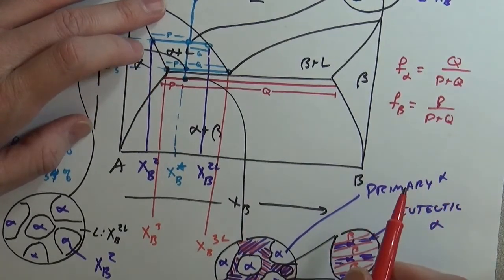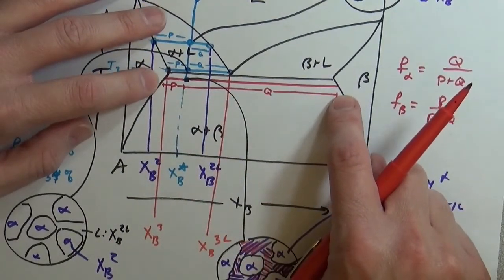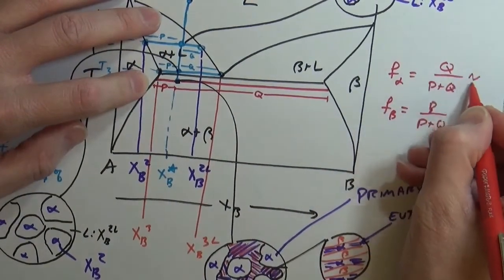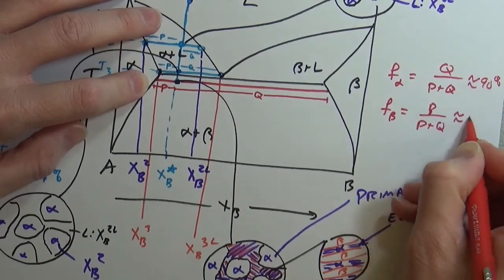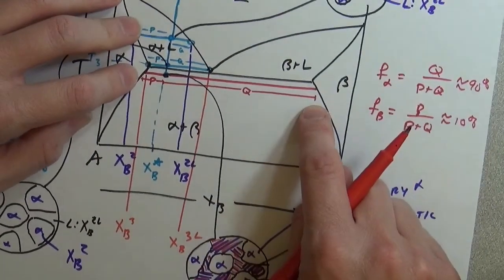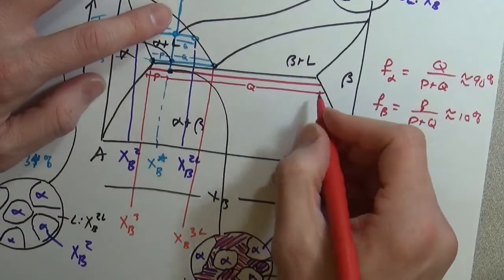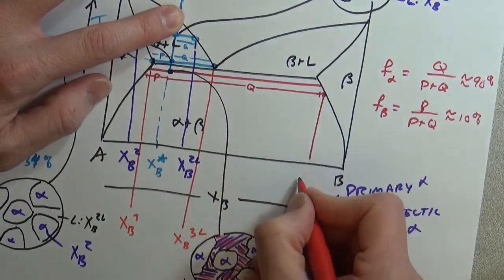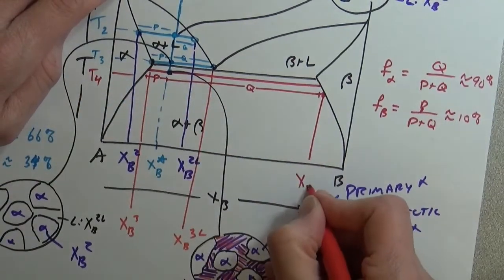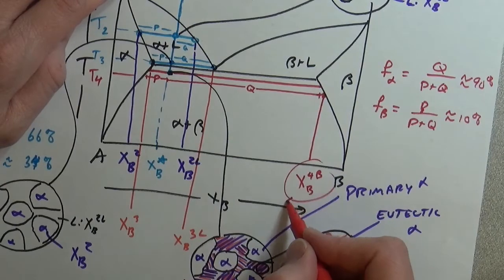Then that is really telling us that it looks as though alpha is maybe 90%, and beta 10%. If we had numbers here, we could calculate it, but just roughly, we've got about 90% to 10%. And then the composition of the beta is going to be, and I'm going to call this T4, XB4 beta. That's the composition of beta in here.